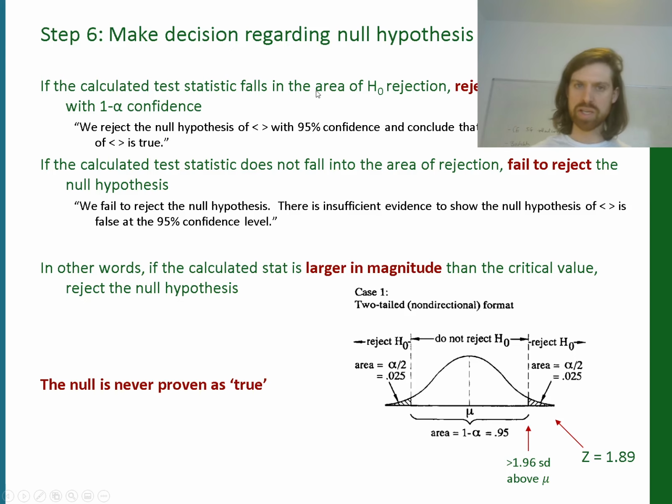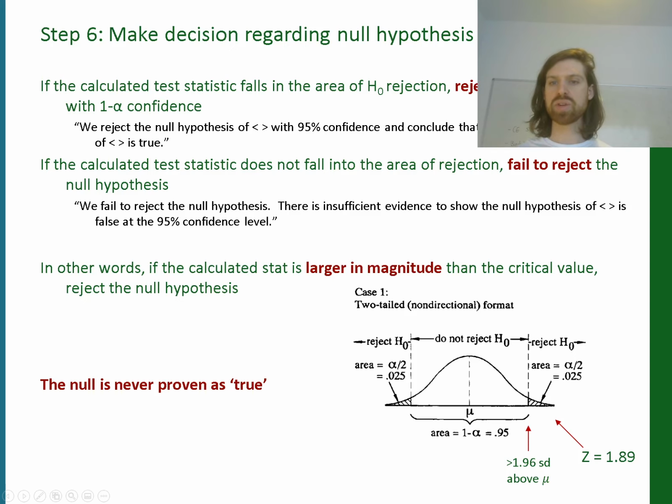But as the book explains, and as I'm going to explain here, there's a very specific way for us to report our results, okay? So we don't say that we accept the null hypothesis because the null hypothesis is already the status quo. It's essentially the business as usual case. What we do is we basically say that we reject the null hypothesis with 95% confidence, for example, as we're using here.